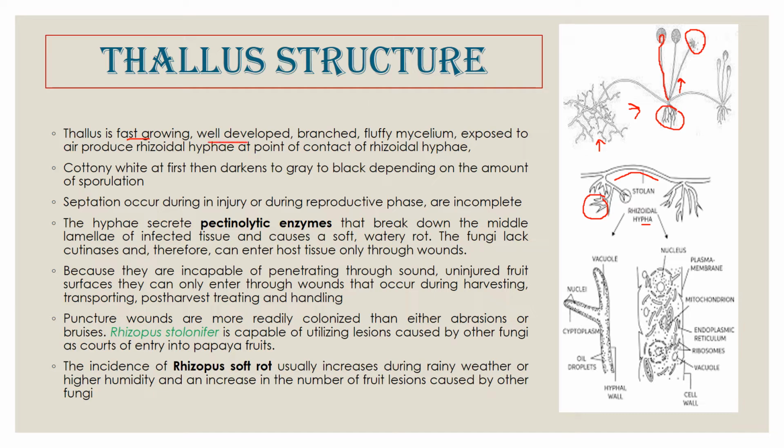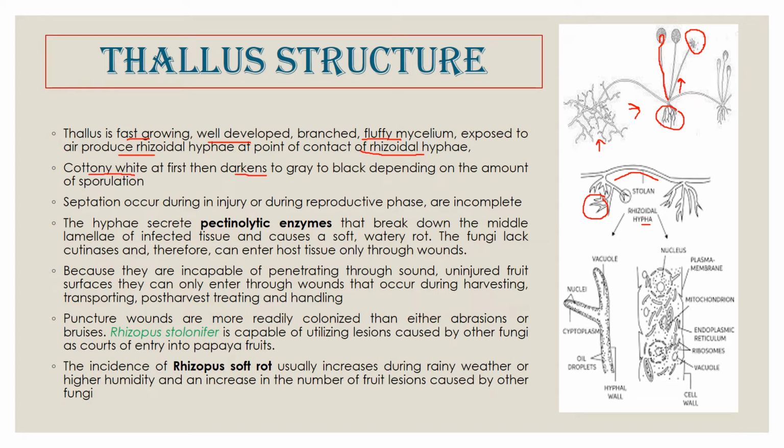The mycelium is very fast growing and well developed, that is, branched, and usually they form a fluffy white mycelium, which is exposed to air. When exposed to air, it develops rhizoidal hyphae.